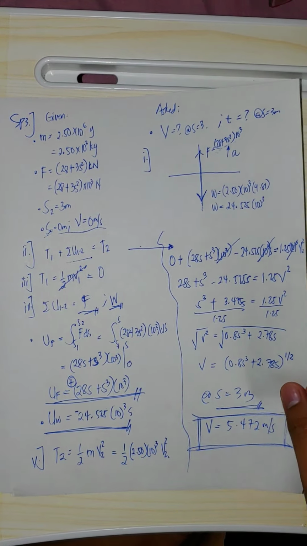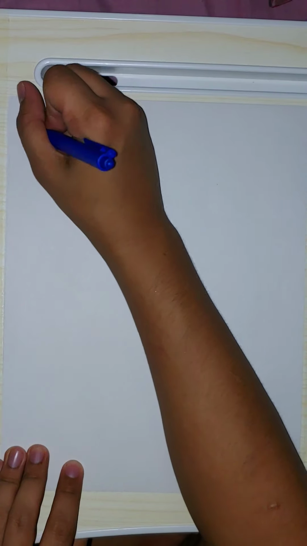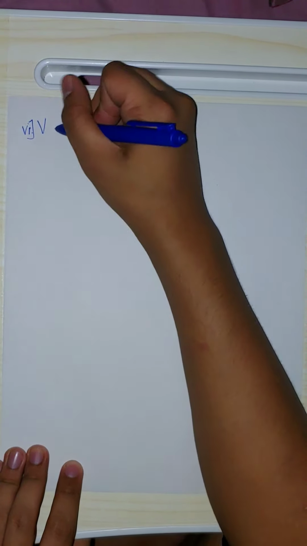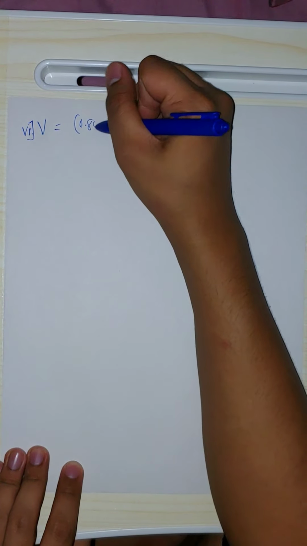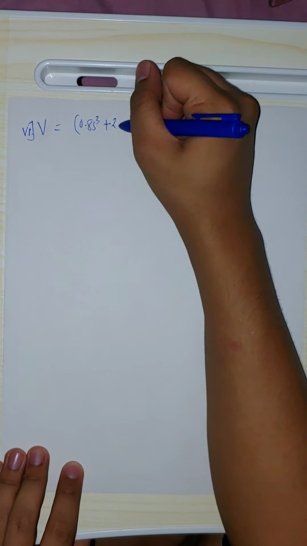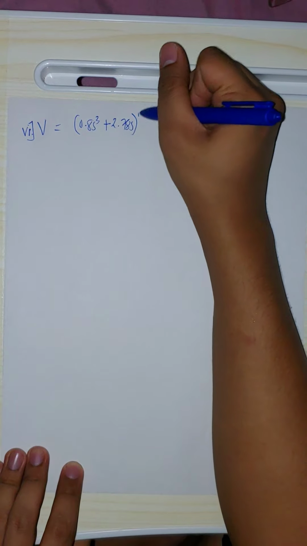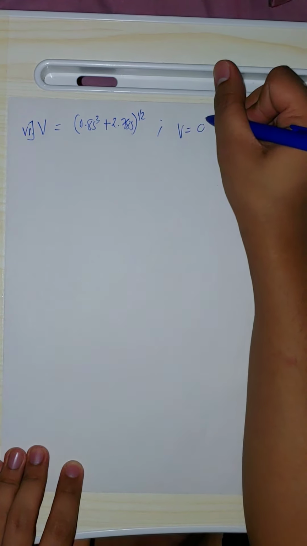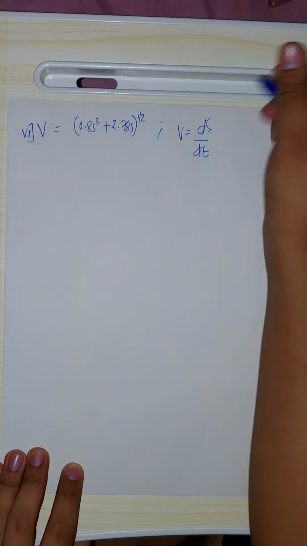Now, how do we solve for the time? Let us rewrite this again. We have the velocity is equal to (0.8 s cubed plus 2.78 s) raised to 1 half. And we know that the velocity is equal to ds over dt.